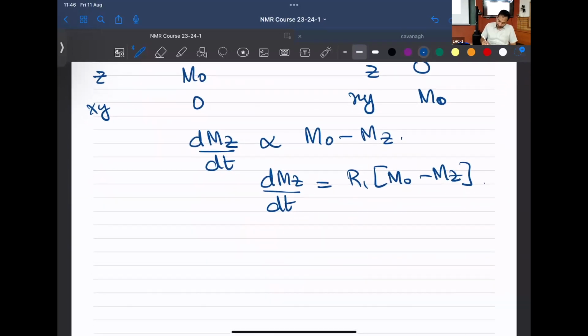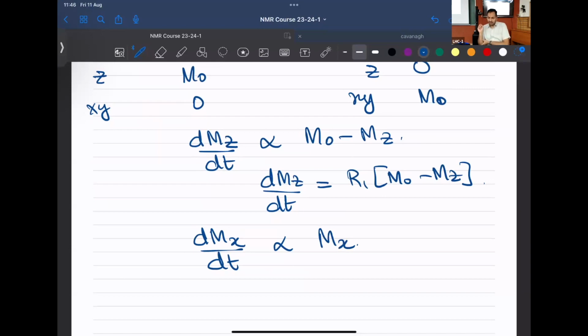Similarly, the transverse magnetization is also proportional to how far it is away from equilibrium. But what was its equilibrium? 0, correct? So he says this is going to be proportional to whatever you have to start with.